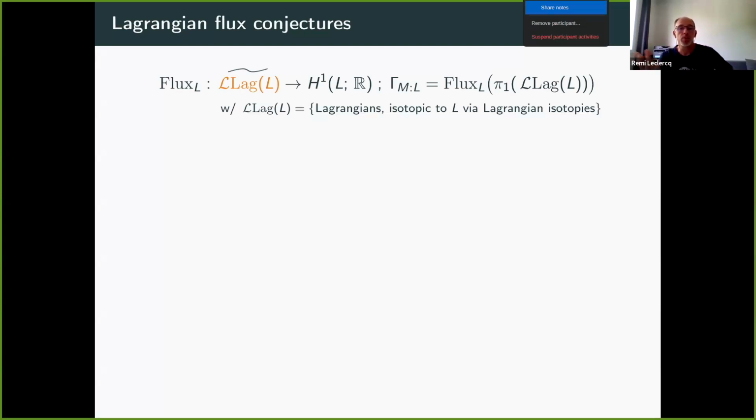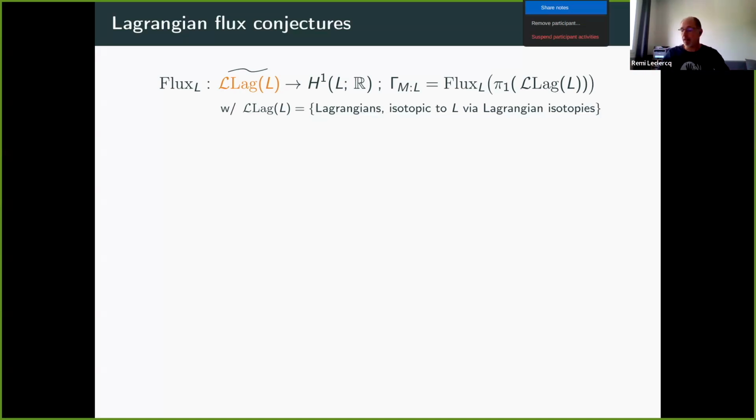These are the Lagrangians which are isotopic to L via Lagrangian isotopies, right? So you take a Lagrangian isotopy, you take a loop in L, you look at the cylinder, integrate omega, and so on. And then this gives you a map from the universal cover of this orange set to the first de Rham group of L, and you can look at the image of pi 1 of the orange set.